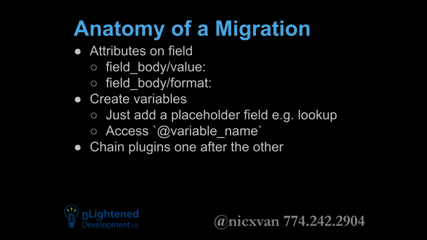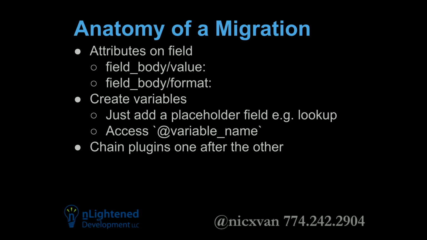Okay, back to the anatomy. You can access attributes on a field. So for example, if you have a body field, if you've ever looked at it under devel, you usually see field underscore body, und, 0, and then you see value, format, and there's a third one, I think, safe value.